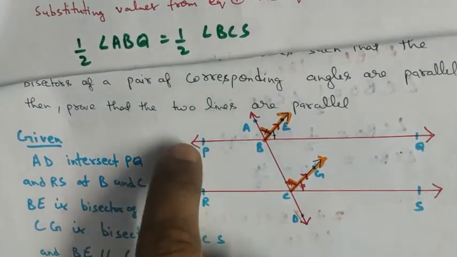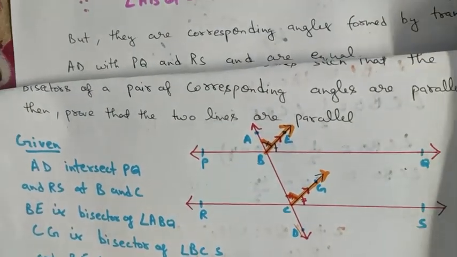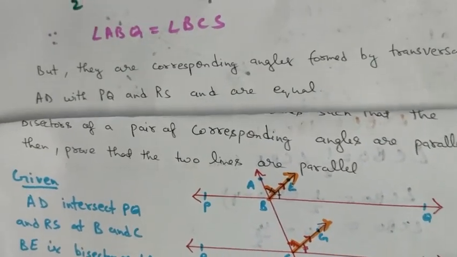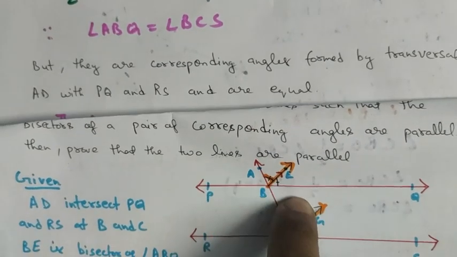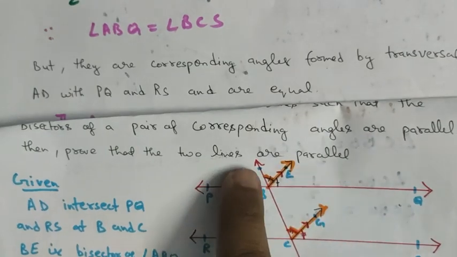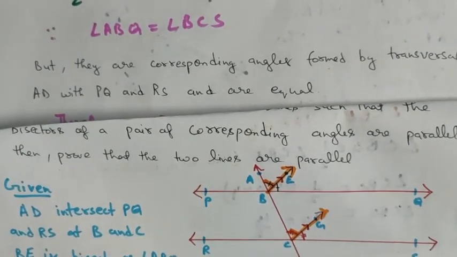So angle ABQ is equal to angle BCS, which we have just proved, and these are the corresponding angles formed by the transversal AD with the lines PQ and RS.